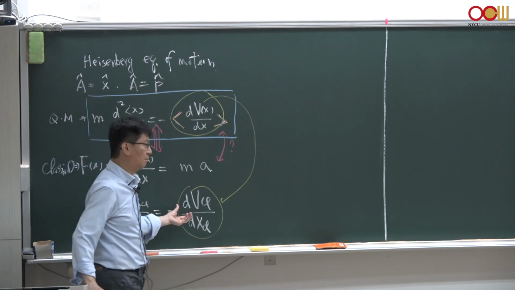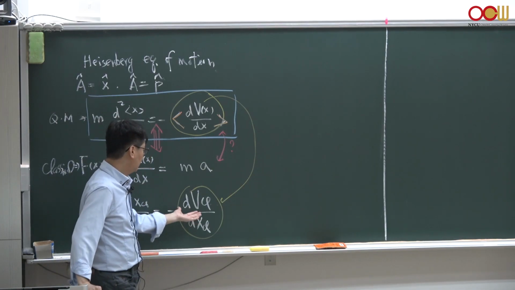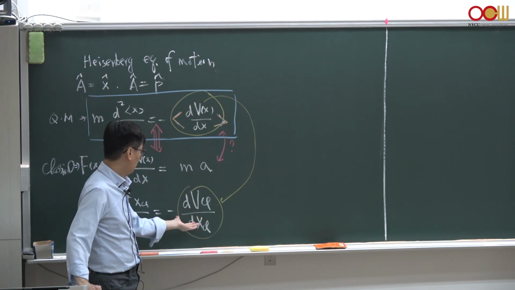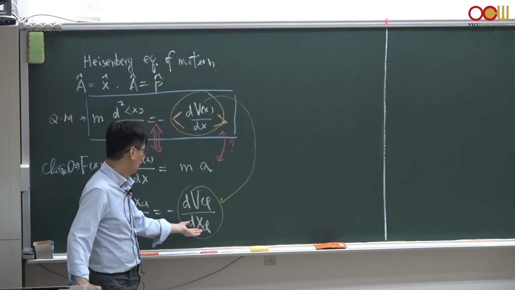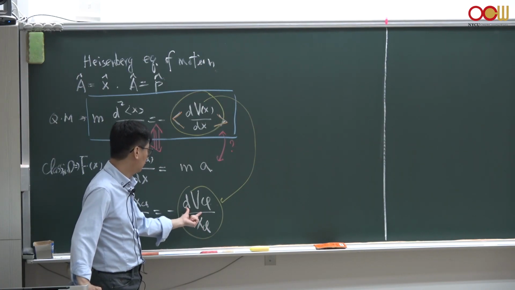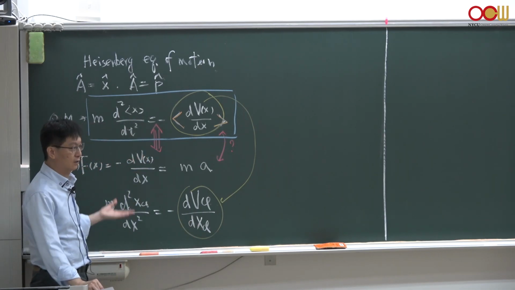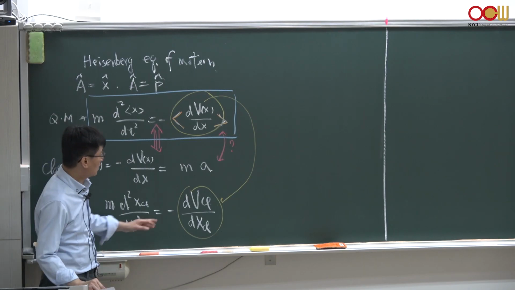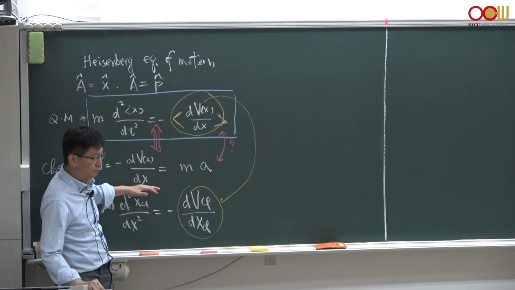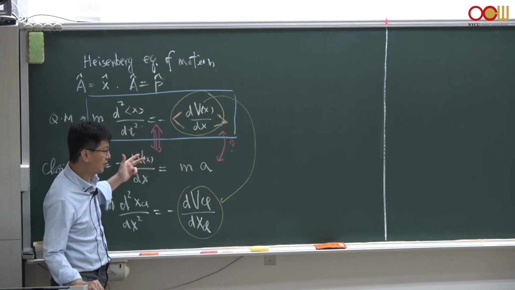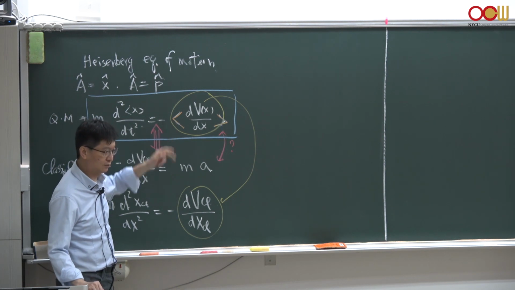And the force is given by the gradient of the classical potential, the derivative of V classical with respect to x classical. X classical is just some position vector. So they have more or less the same form except for this expectation value right here.